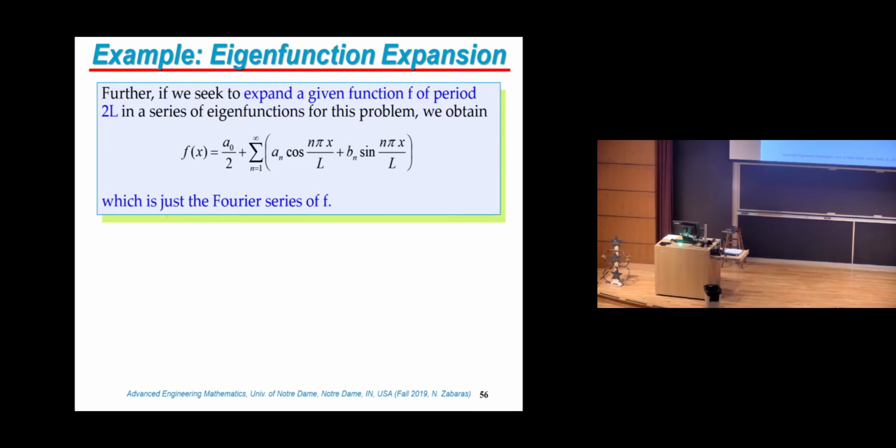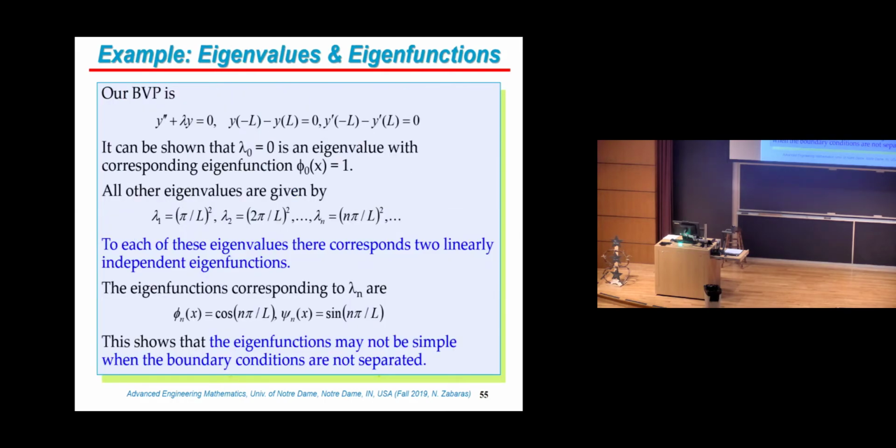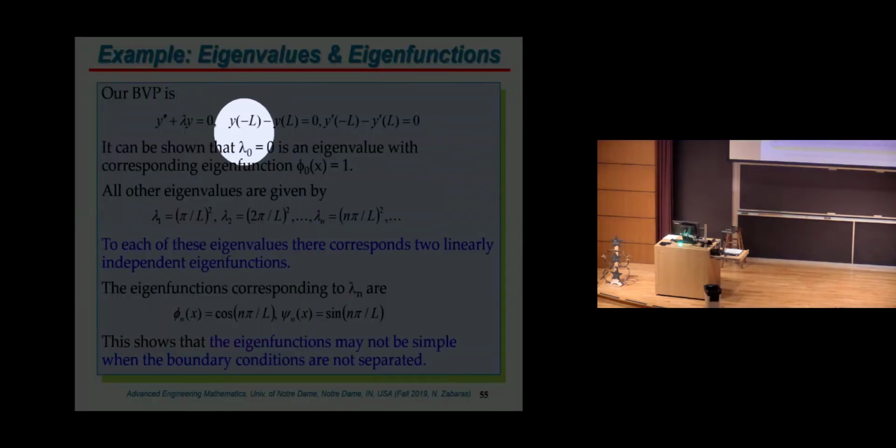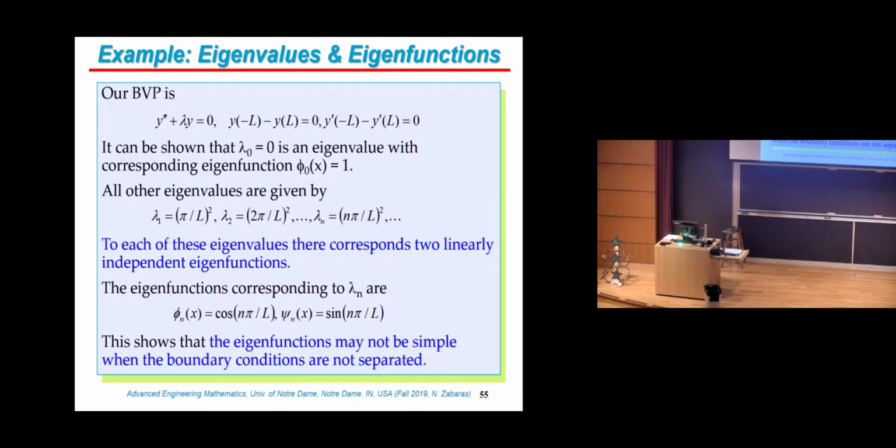Now you can see that this corresponds to an expansion in the basis functions coming from a Sturm-Liouville problem, a particular Sturm-Liouville problem where the boundary conditions are periodic. So effectively, you can see Fourier analysis and the solutions of boundary value problems come hand in hand.